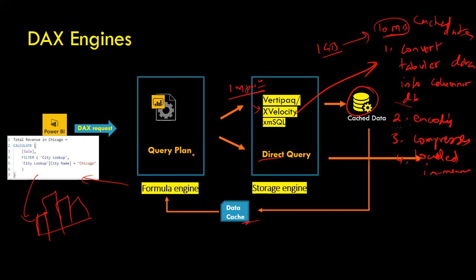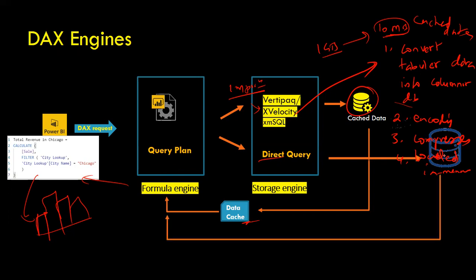This query plan will be sent directly to your SQL server. Let's say here on the right side you have the SQL server. The query plan will get executed in your SQL server, and then the SQL server will send the query's output back to your formula engine, and then the formula engine will send the result of the SQL query, and the visual will get populated.